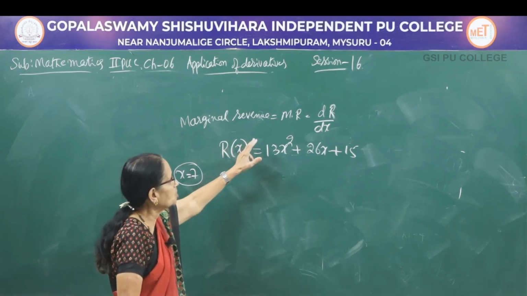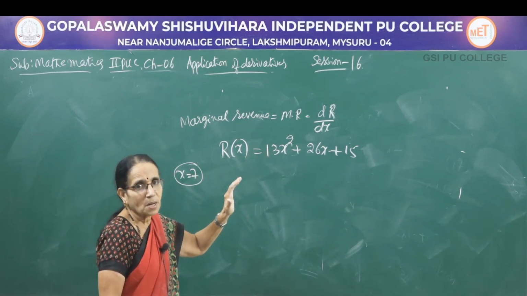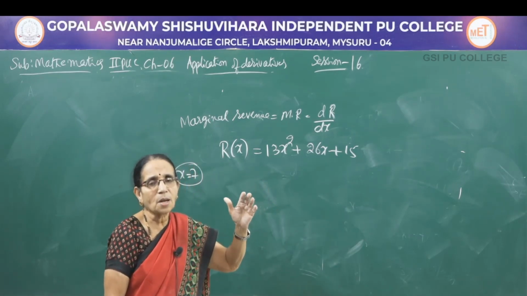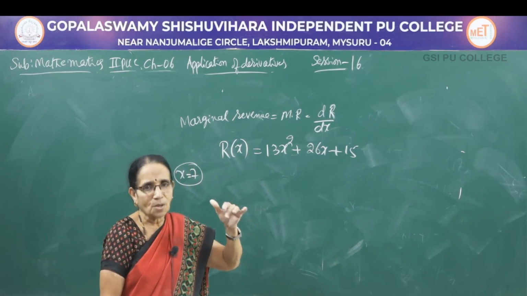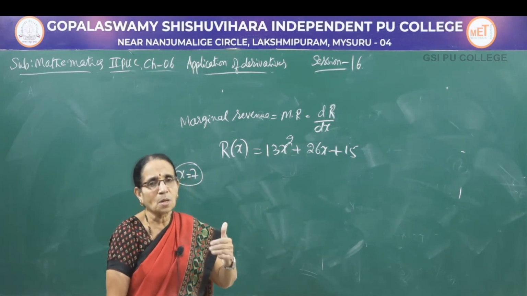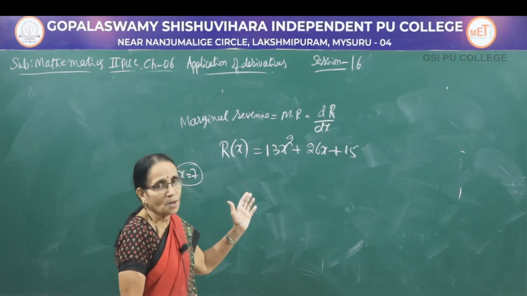So marginal revenue means dR by dx. Marginal cost means dC by dx. The cost function gives the total cost involved in manufacturing certain units. Revenue involves the total income received from the factory by selling certain things.